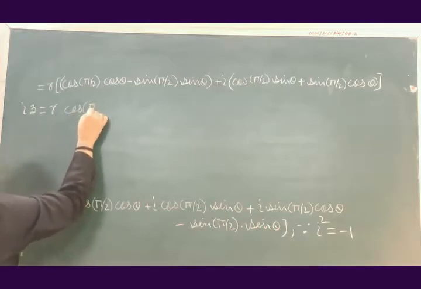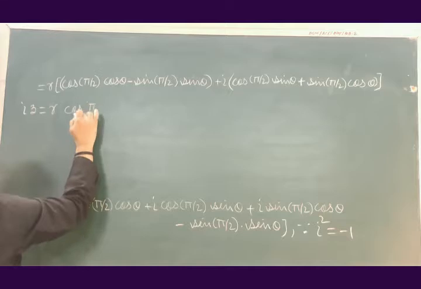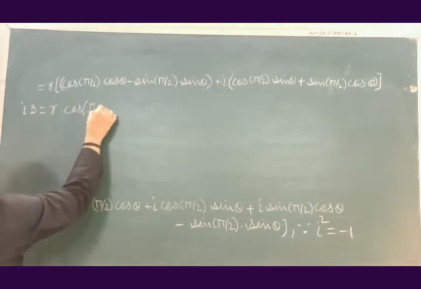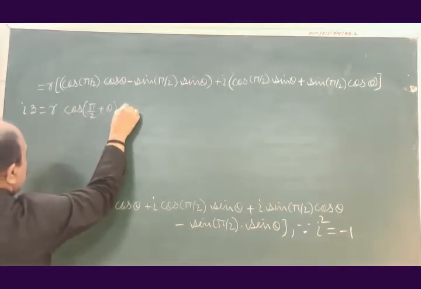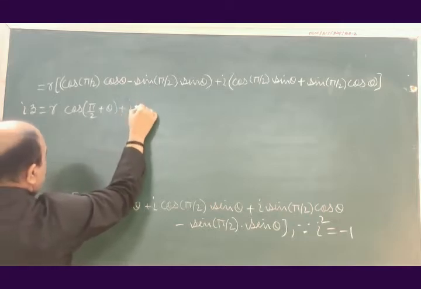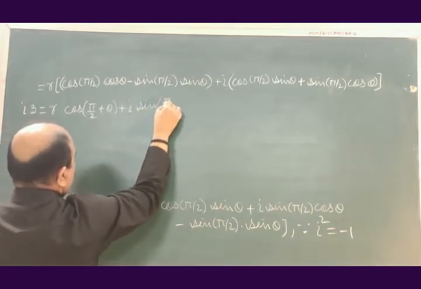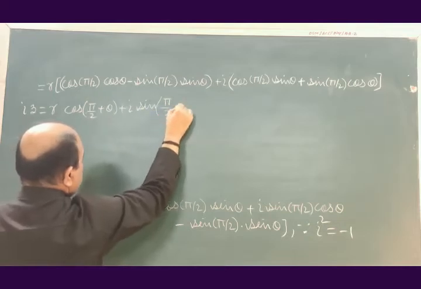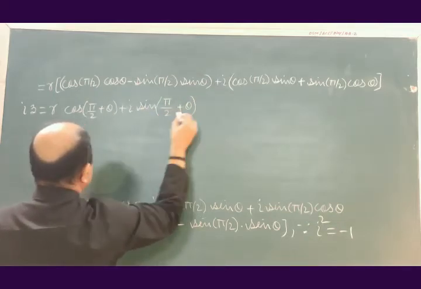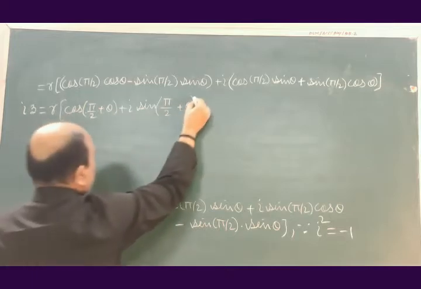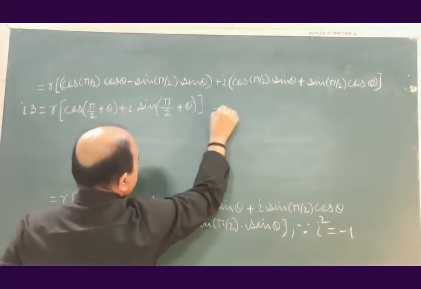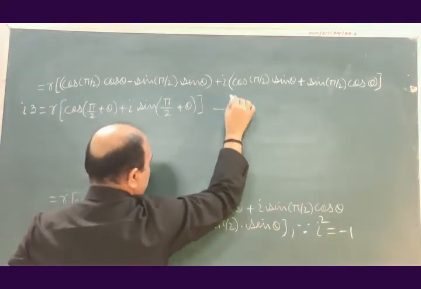Therefore i z is equal to r into cos pi by 2 plus theta plus i into sin pi by 2 plus theta, equation number 3.